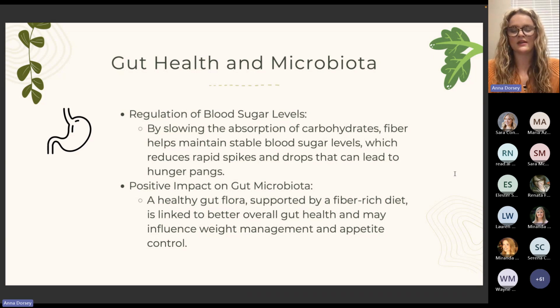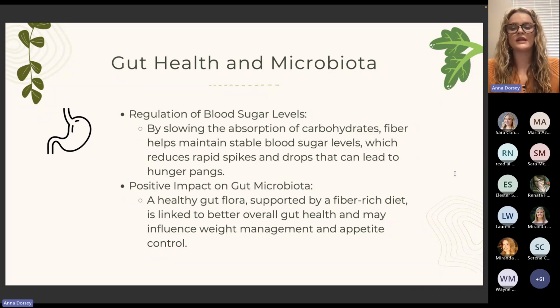And then in a few hours, you have this sudden drop of blood sugar, and that's going to cause hunger pangs. I don't know if some of you ever get hangry, or know the term hangry, where you get so hungry and you're like, I just have to have food right now. Sometimes that's because of a really sharp decrease in your blood sugar levels.